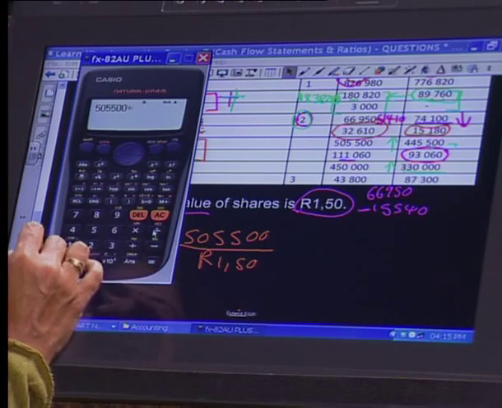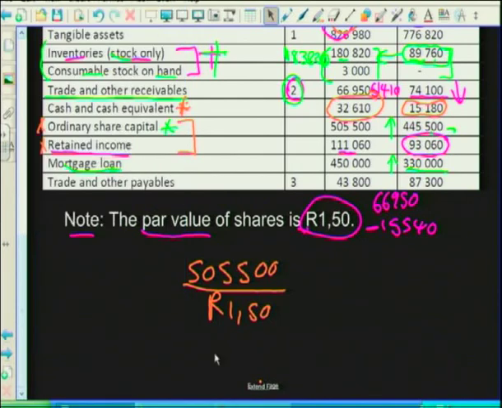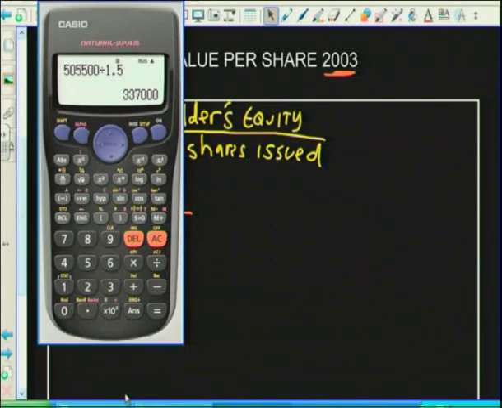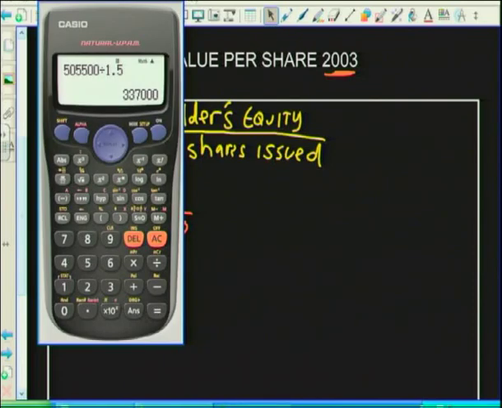We are dividing by 1 Rand 50 to get the number of shares that were issued, 337,000. Okay, so let's go to our answer sheet. So our number of shares issued, 337,000.